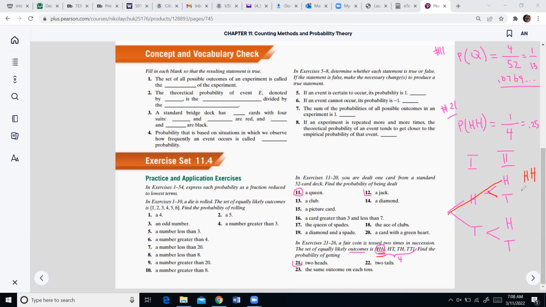Or if you sink down, so you start with a head and then go down to the tail, then you go tail and head, and also tail and tail. So you have 4 possibilities, and you just need to get out of 4 whatever fits the description. So you can see that there was 1 with 2 heads. It's always nice when you can list all of the so-called outcomes, because this way you get intuition into what is going on.